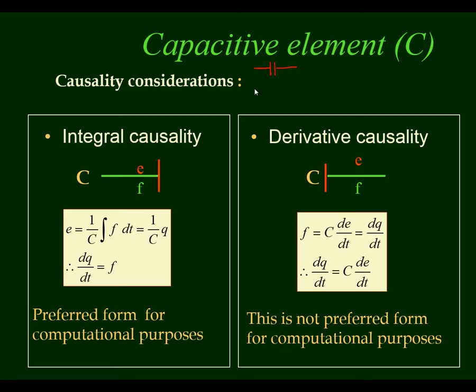Isn't it true that the voltage across the C is 1 over C times the integral of I dt? Or you could say this is 1 over C times Q. You see, this equation that you see here has this form.